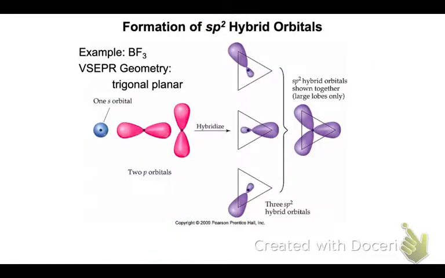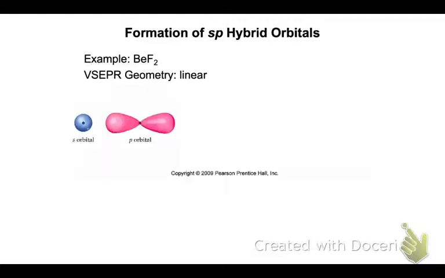Now, when they are mixed, you're going to get 3 hybridized orbitals. The best separation between 3 will be the 120 angle, and that leads to trigonal planar. Now, sometimes I might need the sp hybridized orbitals, and an example here is beryllium difluoride. The VSEPR geometry for that is linear. So, if you remember, this here will be the Lewis structure. It's an exception.